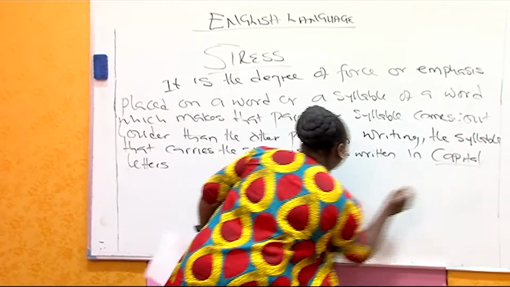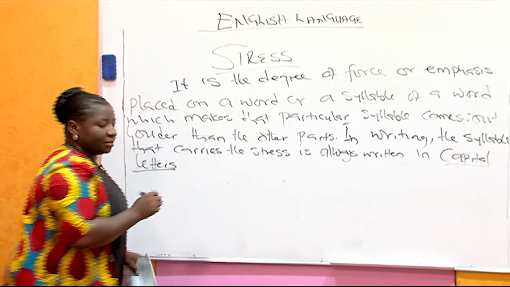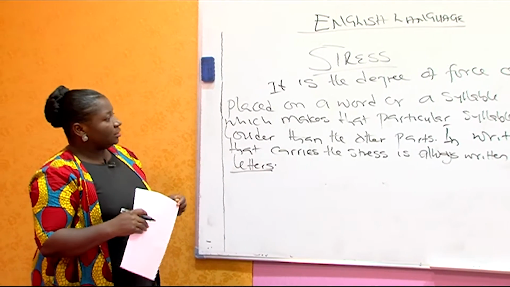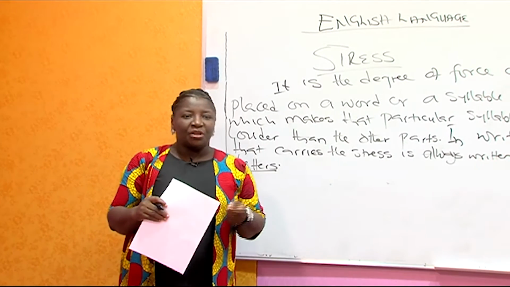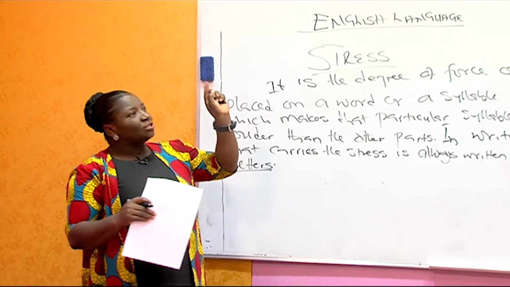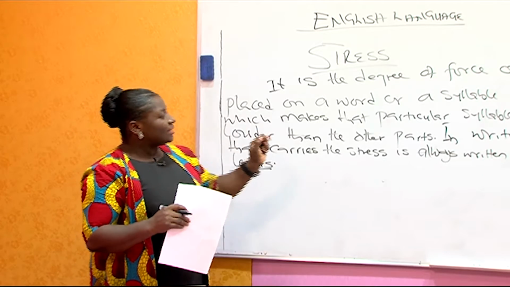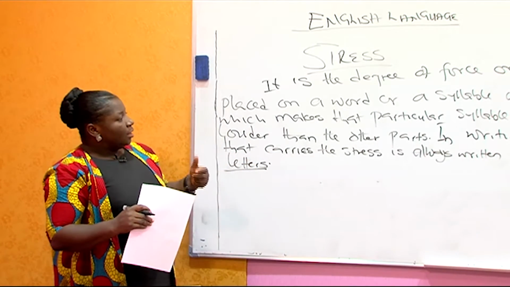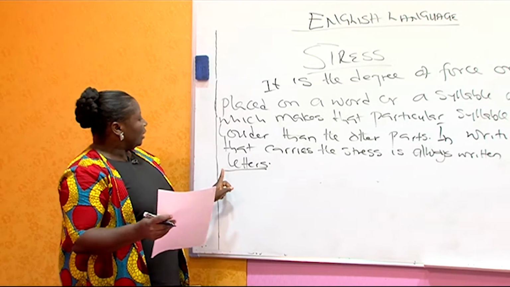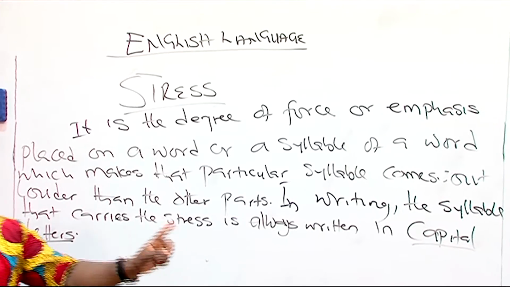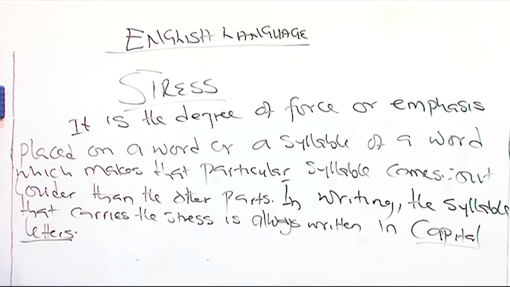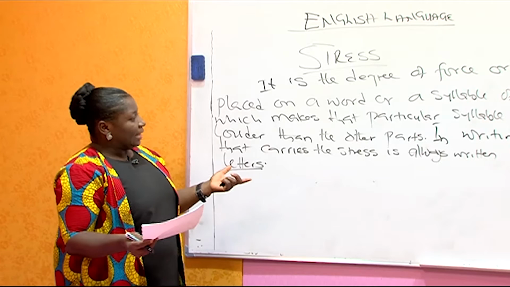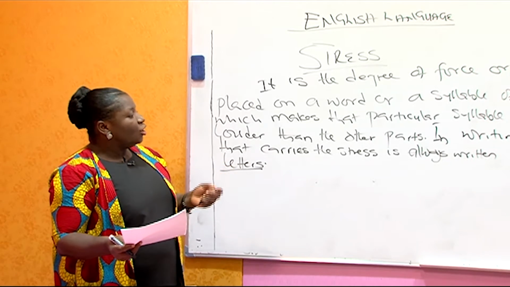I want us to take note of this: when you check the dictionary, you discover that it's just a little dot on a particular syllable that is carrying word stress. But for the sake of writing, we often use capital letters to indicate the syllable that is carrying the primary stress.